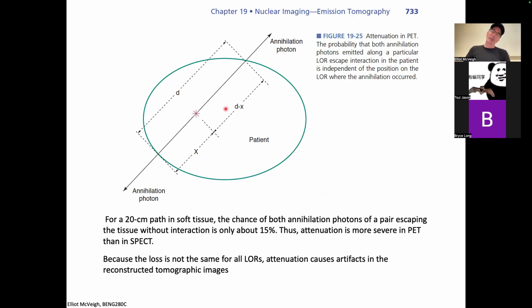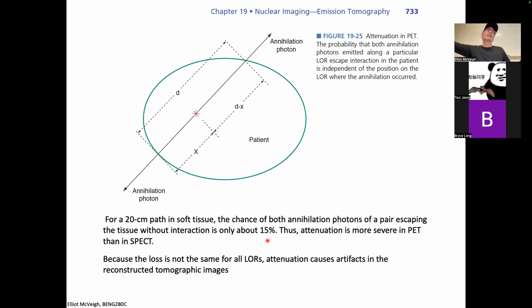So I'm just going to tell you the number. When I have an event, a positron comes out, bing, annihilation, here come my photons. It turns out that only 15% of those positron annihilation events and the photon pair get out of the patient without a collision or a scatter.